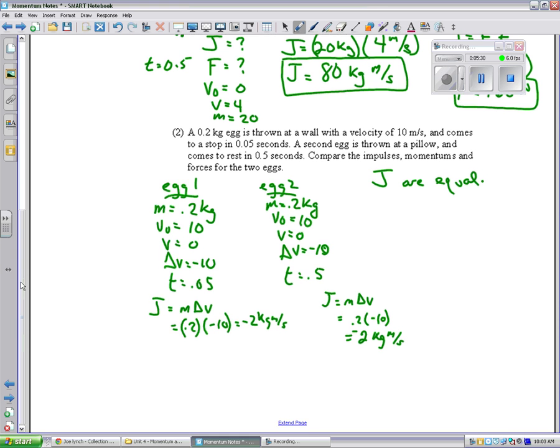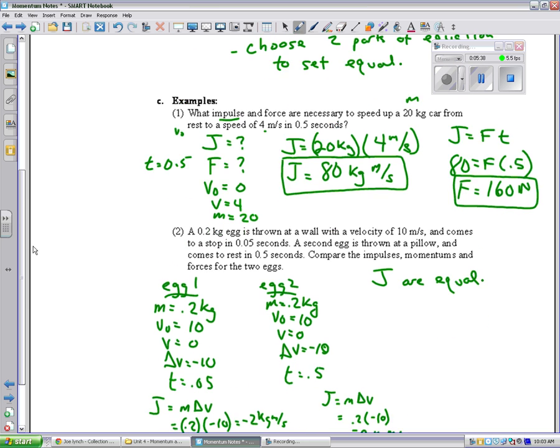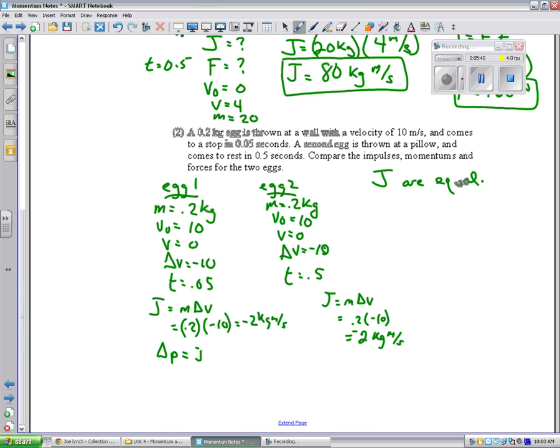For change in momentum, delta P, the easiest way to do this is if we look up here at our equation, impulse is equal to change in momentum, so I don't really have to do anything. Delta P equals J is minus 2. So the change in momentum are equal as well. Now the last thing it wants is force, so we could do delta P is Ft.